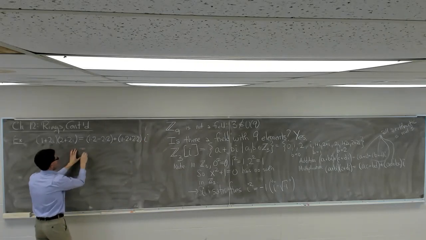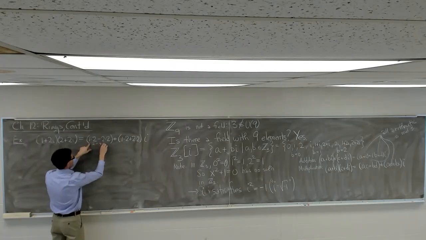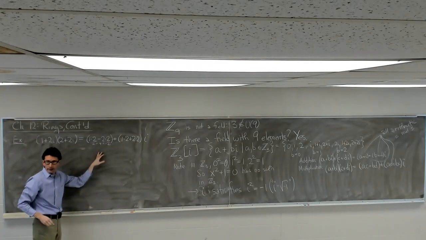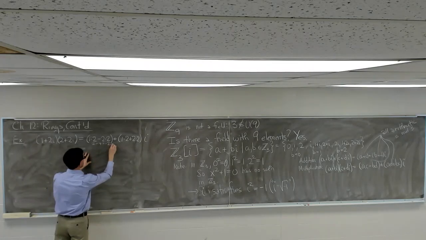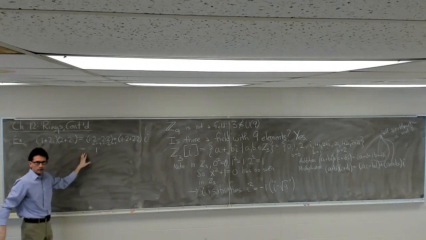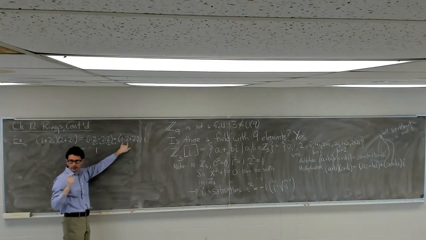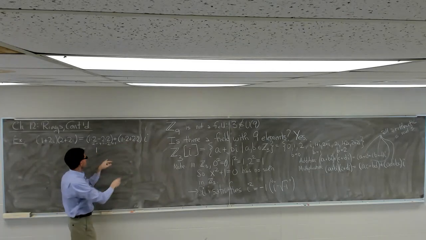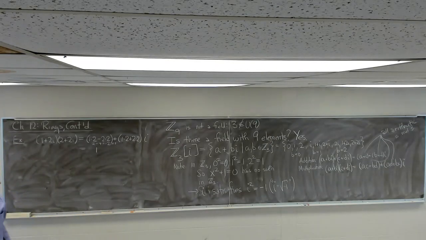But again, everything is reduced mod 3. So here we have 2 minus 4, which is negative 2, but mod 3, negative 2 is 1. So here we would get 1 in this spot, and then here 2 plus 4 is 6, and 6 is 0 mod 3.